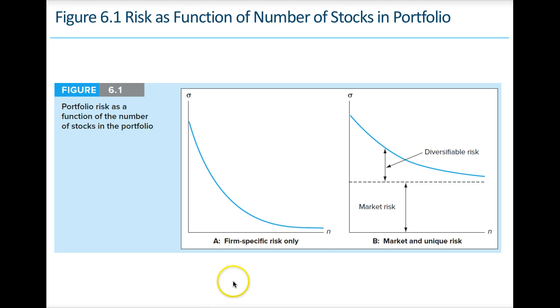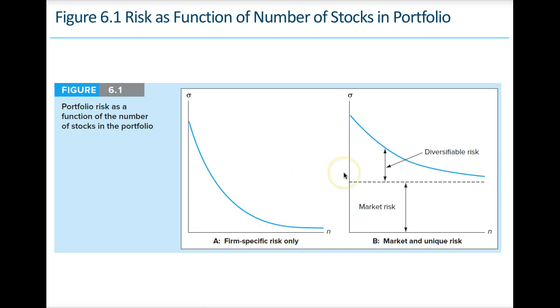In the first portion here, we have firm-specific risk only. This would just be the firm's risk, and we have the standard deviation, which measures the dispersion, and then we have the number of assets. This would just be one firm.